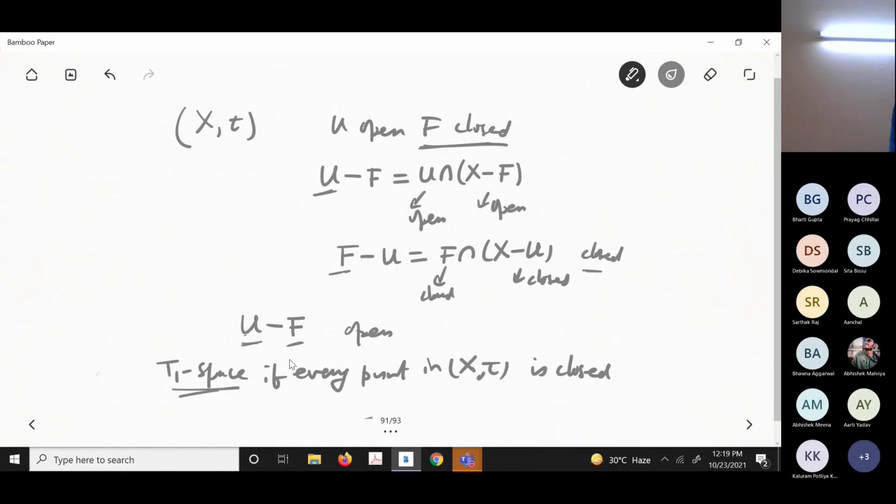So this is what I am doing for lemma 5.2 for metric space. That is true for any T1 space. Okay, any T1 space. If U is open and F is finite, then U minus F is open in any T1 space. T1 space means every singleton is closed.